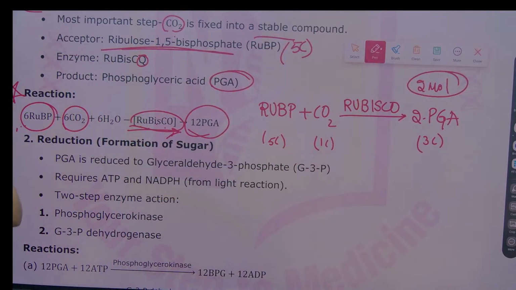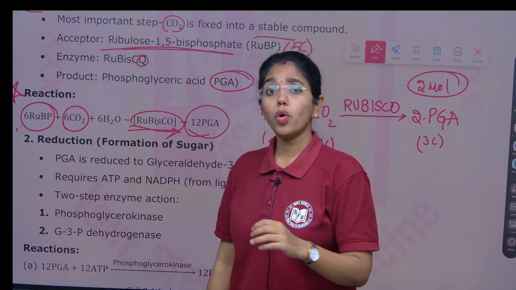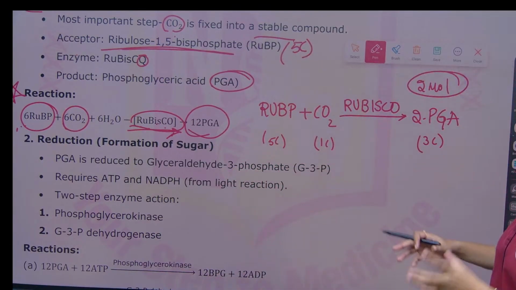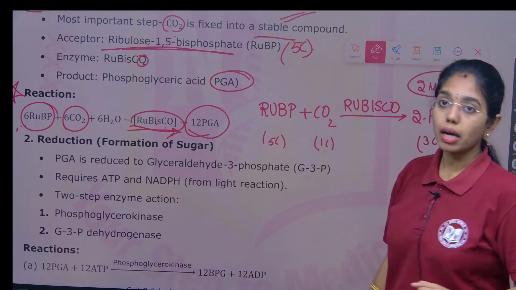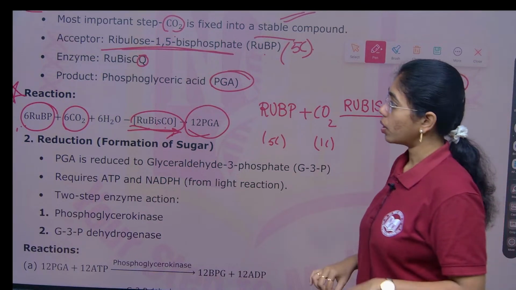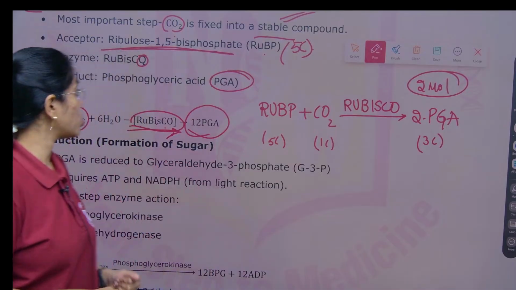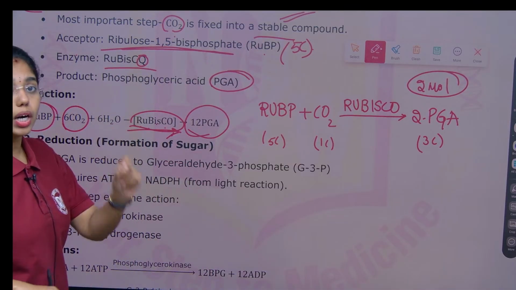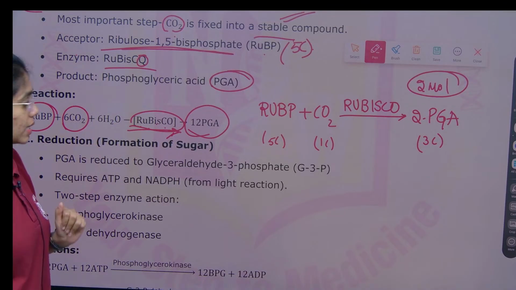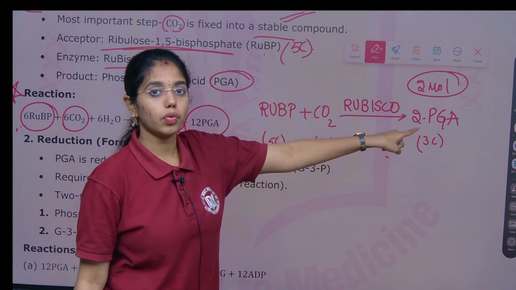So carboxylation in the Calvin cycle, that is carbon dioxide fixation, is the most crucial step of the Calvin cycle, where carbon dioxide is fixed into a stable compound. The acceptor is ribulose bisphosphate, a 5 carbon compound, and the catalyst is Rubisco, the world's most abundant enzyme. The first stable product formed is the 3 carbon compound phosphoglyceric acid.